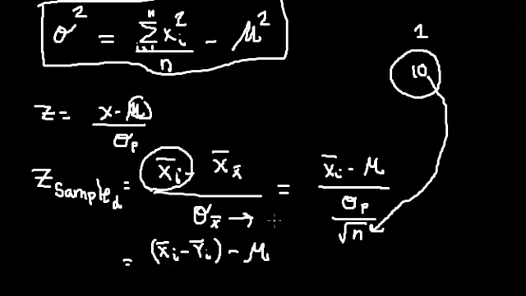If we're saying that there's no difference, then that mu should be 0, all over the standard deviation of the difference between the means.